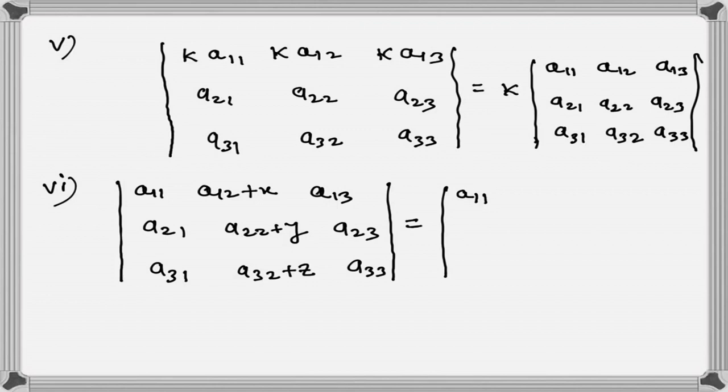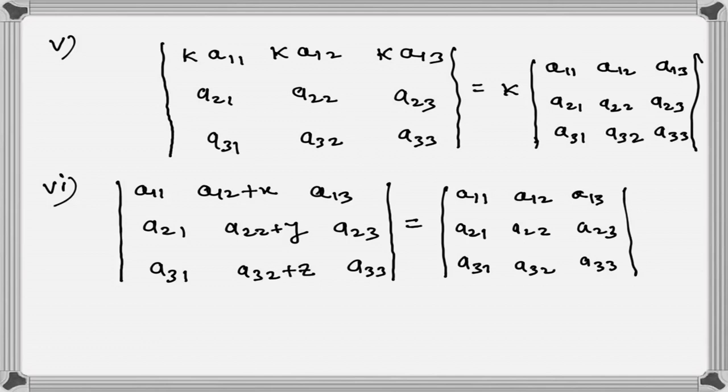The first one is a11, a21, a31 in the first column, a12, a22, a32 in the second column, and a13, a23, a33 in the third column.